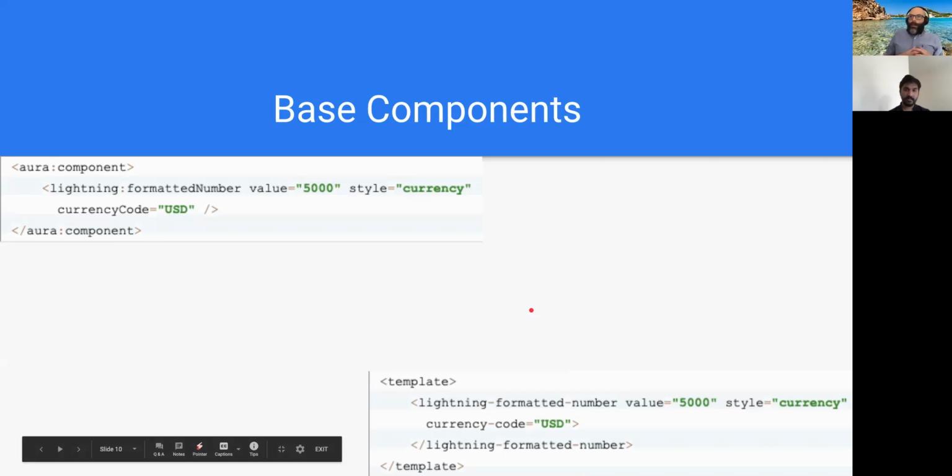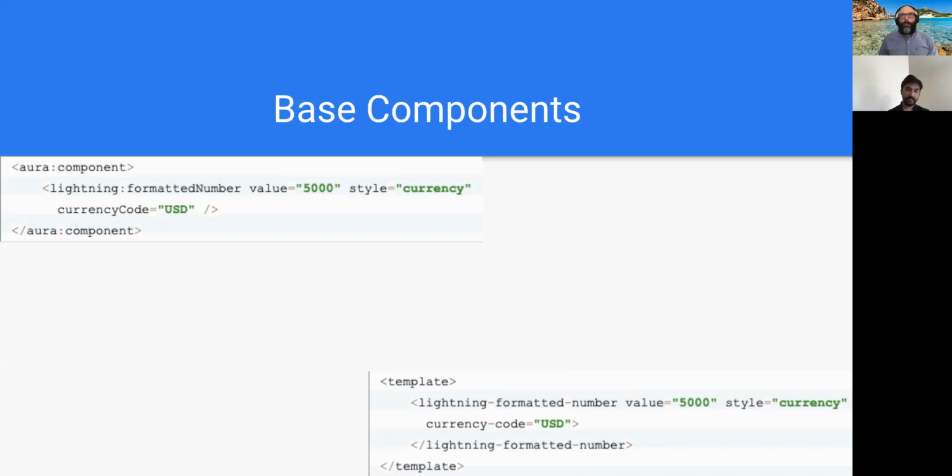A very nice thing that the Aura framework provided to us was a good library of base components. With these base components, we could build our components adapted to our information. Now, the Lightning Web Component, because it's a new framework, cannot contain the old framework.